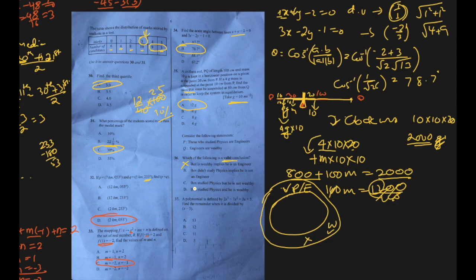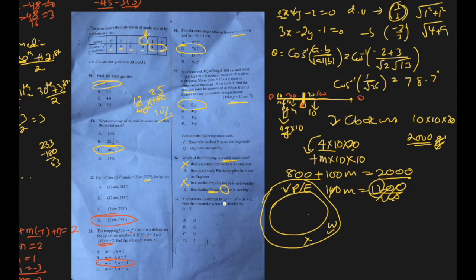Let's see which is even closer than this. Ben studied physics, but he is not wealthy. No, that's not right. He studied physics, he became an engineer, and all engineers are wealthy, so this is for sure wrong. Ben studied physics and he is wealthy, and means both of them are happening.